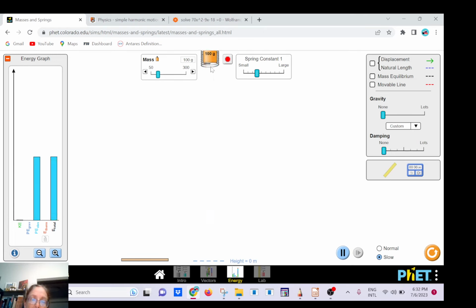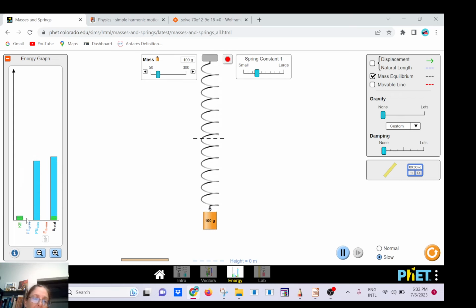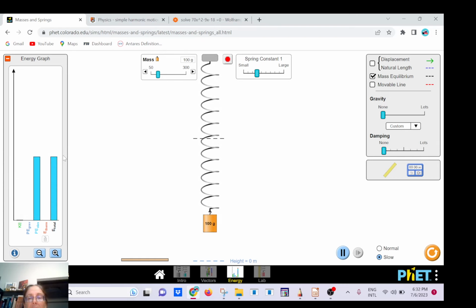When it's compressed, it's going to be elastic. At the equilibrium, when it goes through equilibrium, it's going to be all kinetic, then elastic, kinetic, elastic, kinetic, elastic. So it's going to swing back and forth, but the total amount of energy is going to stay the same.